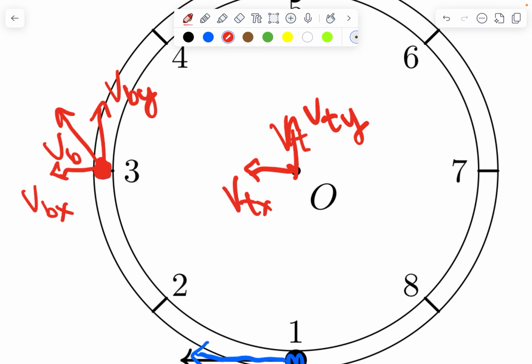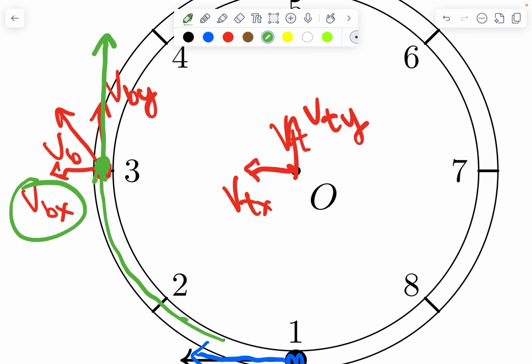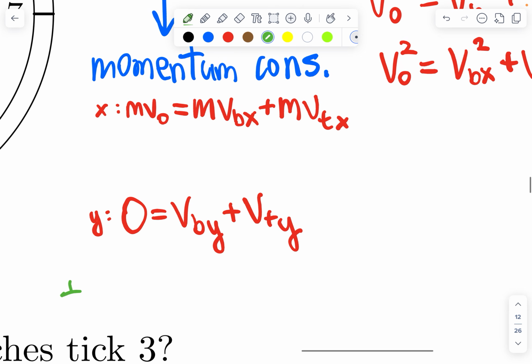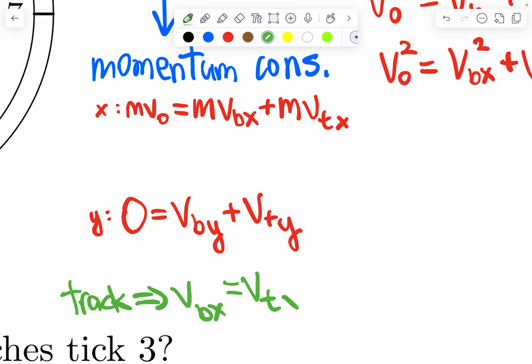Think about when the bead approaches this point, right? Because of the track, it is constrained to moving in this direction relative to the track. So we know that at this point, vbx and vtx are equal, okay? So vbx is equal to vtx. And then we can plug it into here.